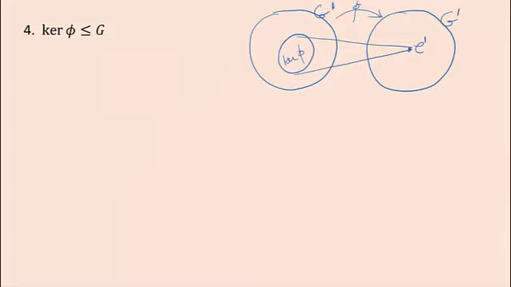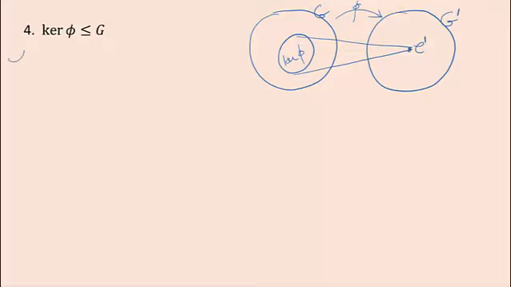Now we're going to show that the kernel of phi is a subgroup of G. And so let's recall what it is. It is the elements in G that map to the identity. It might be just e, but that's certainly a subgroup, the set containing e. So let's prove in general that the kernel of phi is a subgroup of G. We'll start like we always do.